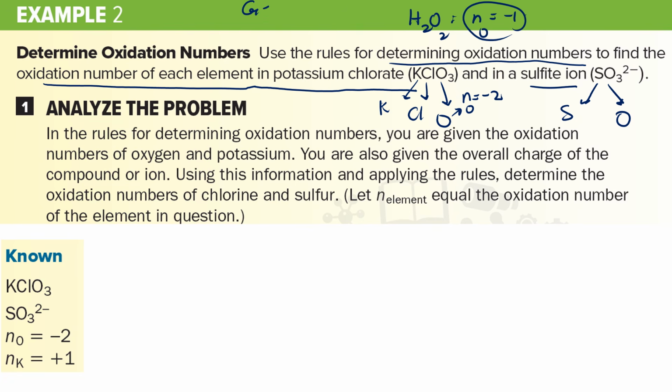Remember that group 1 has oxidation number +1, and K is in group 1, so its oxidation number will be +1. Now Cl we don't know. Of course O here is also -2.